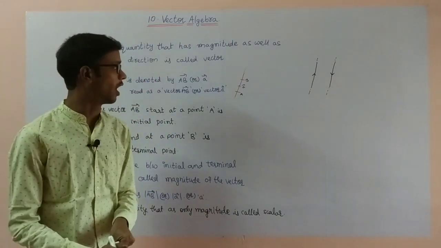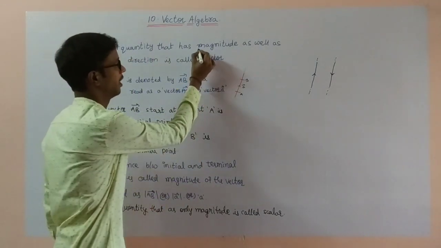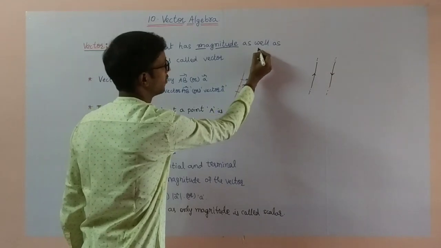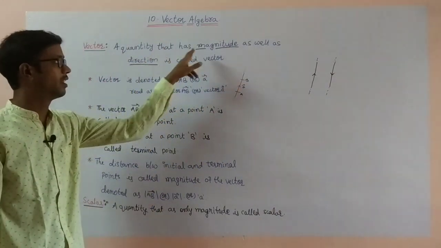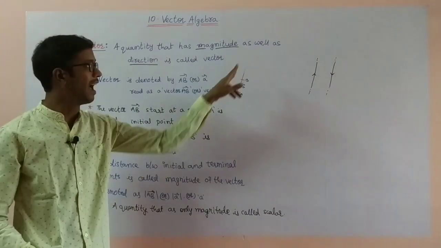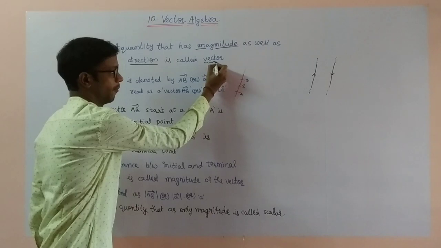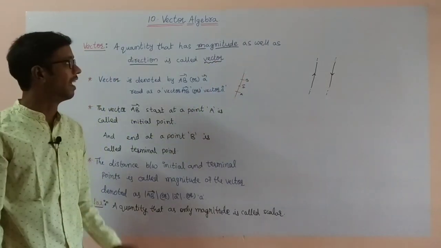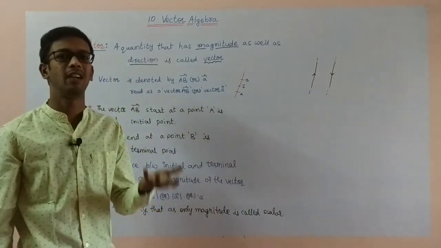So what is a vector? A quantity that has magnitude as well as direction is called a vector. Magnitude is nothing but length.